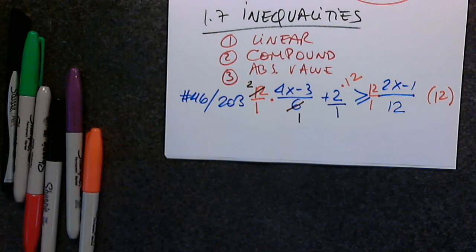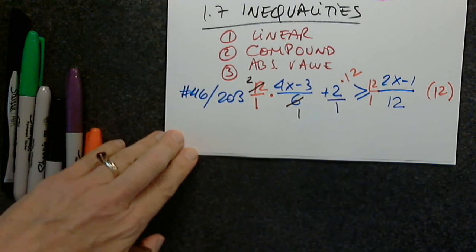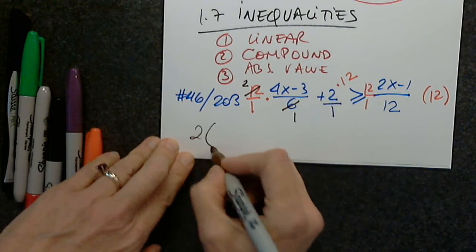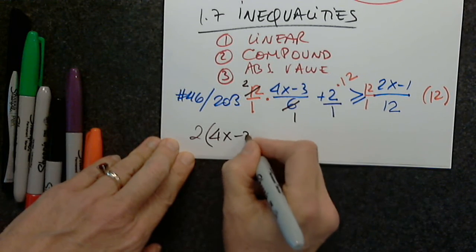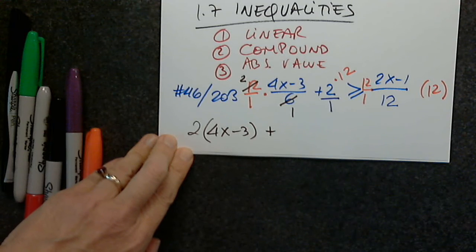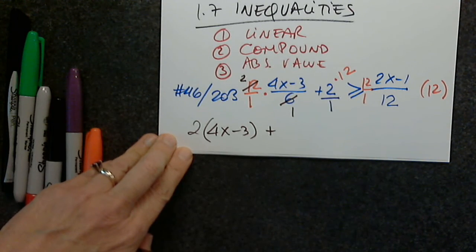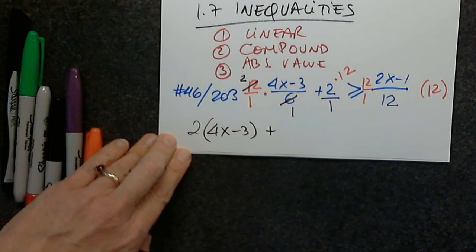Can anyone dictate the first portion? 8x minus 6. Yes. Let's write it for everyone first. You're way ahead of me, which is awesome. But let me write it so everyone can see. So 2 times 4x minus 3 plus. But you're right. It's 8x minus 6. I completely agree. You don't have to write this step, but I just would like to write it for people who are not on the same page.